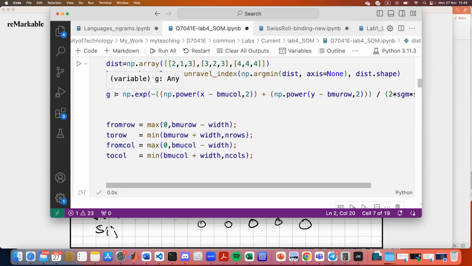And now we calculate, and here in the next row, we find the minimum: the row and column index of the neuron with the minimum distance. So if you now plot this, BMU, by the way, stands for best matching unit.